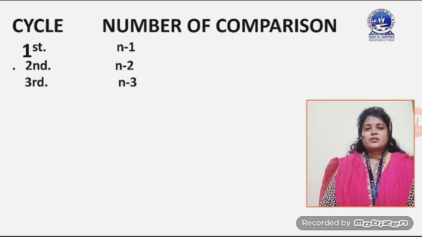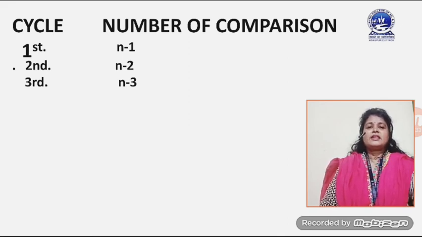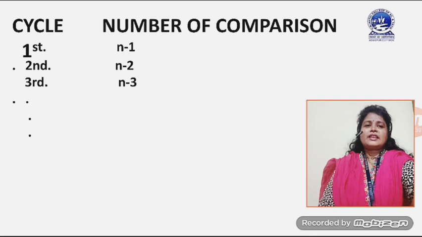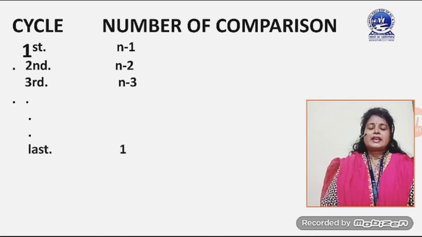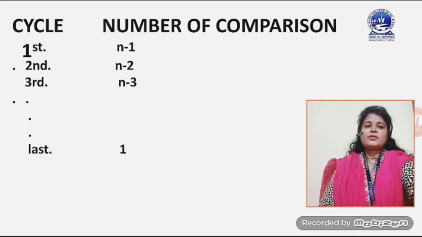For the first location, we are comparing n minus 1 times. For the second location value, n minus 2 times. For the third location value, n minus 3 times. In this way, for each location we will compare, and for the last one, we will compare only once.